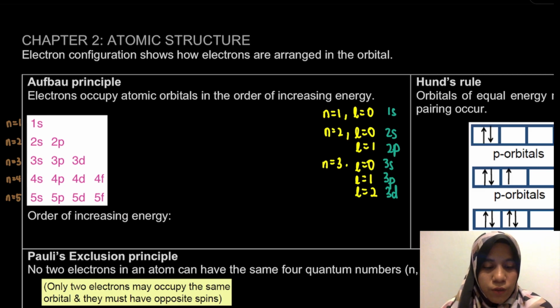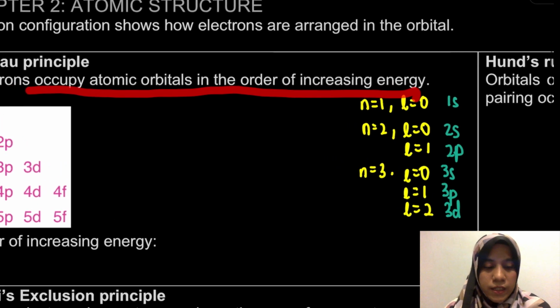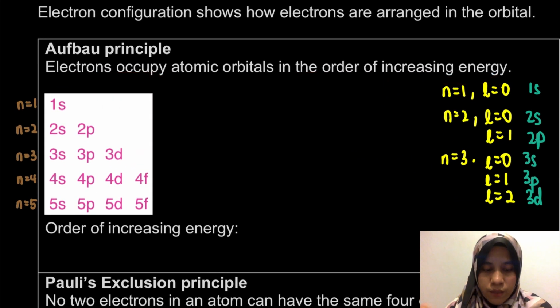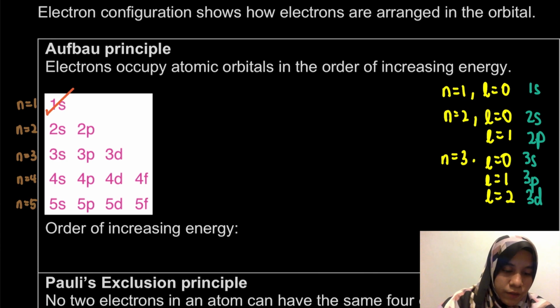He mentioned that electrons occupy atomic orbitals in order of increasing energy. What this means is that when we write down, we fill up our orbitals in a certain arrangement. First we fill the arrangement with an arrow like this, 1s.